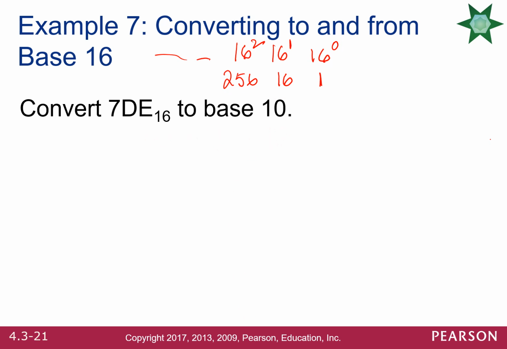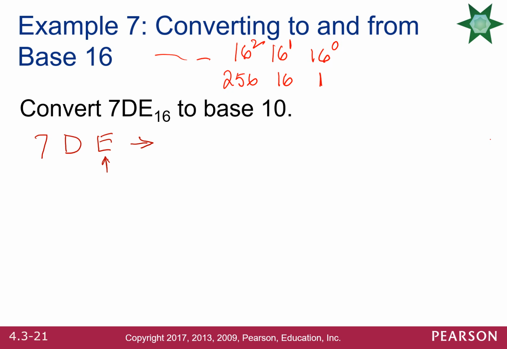So the way it's going to work is we take each value here, 7, D, and E, and then we multiply each digit by its place value.